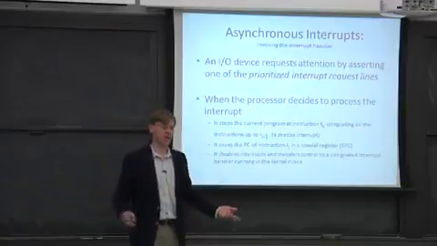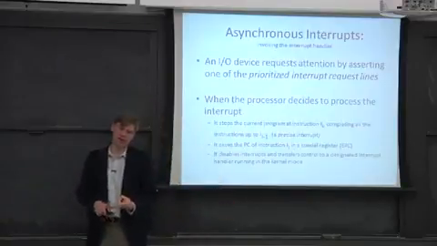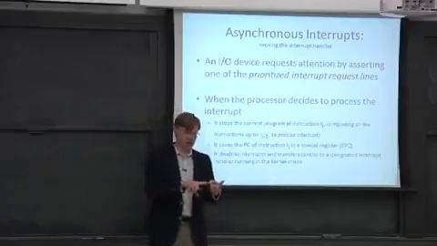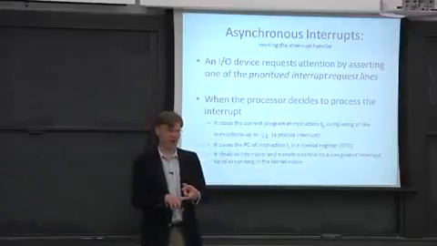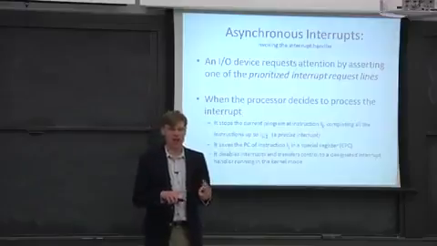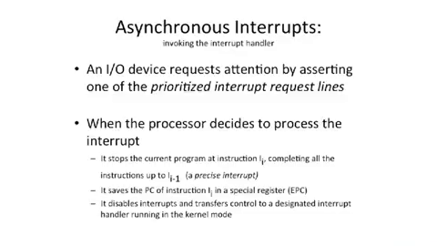Another important thing to think about with asynchronous interrupts is sometimes multiple of them go off at the same time. So let's say your timer interrupt goes off at time t equals 0. Your network card gets a packet in, and someone hits the keyboard exactly at the same time. Well, which should you actually go handle? Typically, machines have a prioritized interrupt request mechanism.